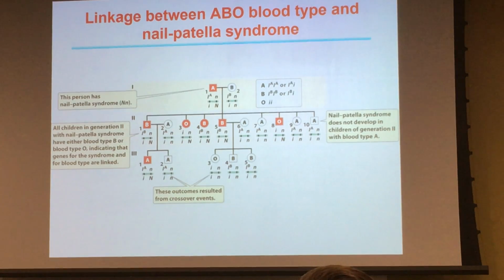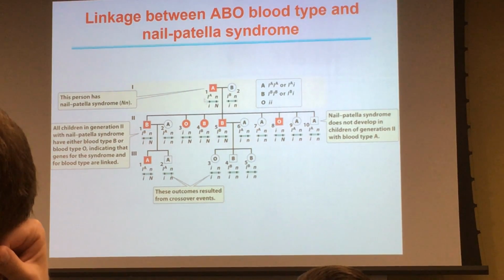Now, if those 2 genes assort independently, what we should see is that some of their offspring that inherit Nail-Patella syndrome would also inherit type A blood from that parent. But what we notice when we look at the pedigree is that every individual that inherits Nail-Patella syndrome from this individual has instead inherited the O allele from that parent.